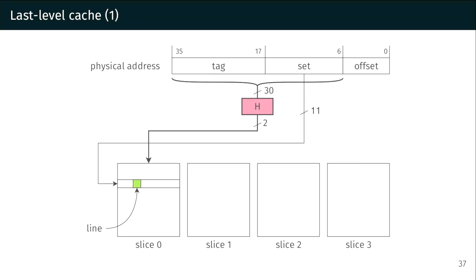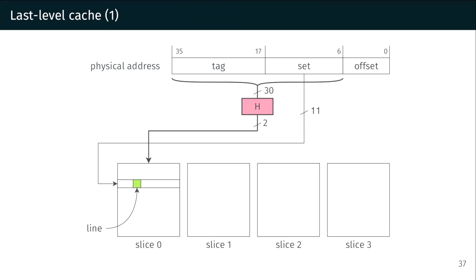So there's even more to it, but I will need, again, a bit of background before continuing. So I've shown you the different levels of caches, and here I'm going to focus more on the last level cache. So we have here our 4 slices. So this is the last level cache, and we have some bits of the address here that correspond to the set.